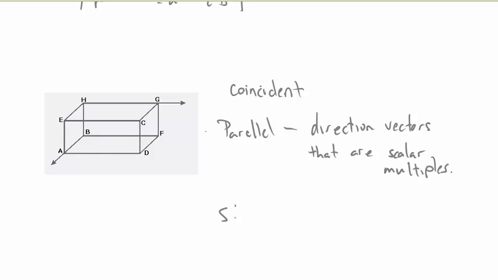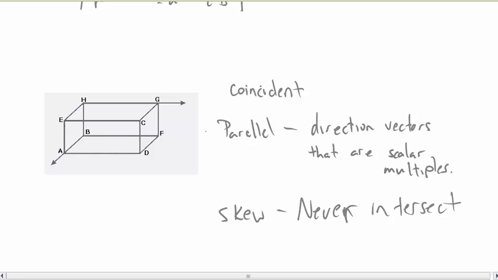And the last type is skew lines. And skew lines never intersect. So, up in this diagram, skew is a little bit more difficult to envision, but if I were to take line HE and line GD, those two never intersect each other, but they're also not parallel.